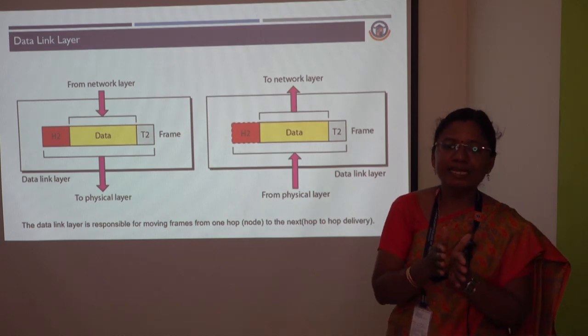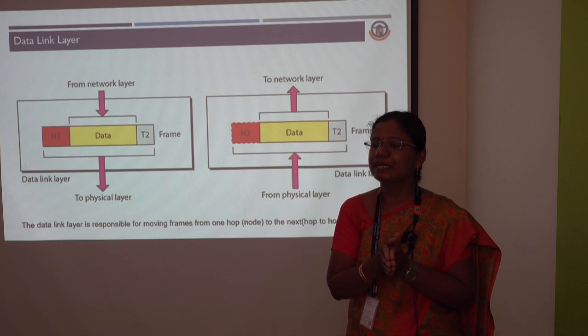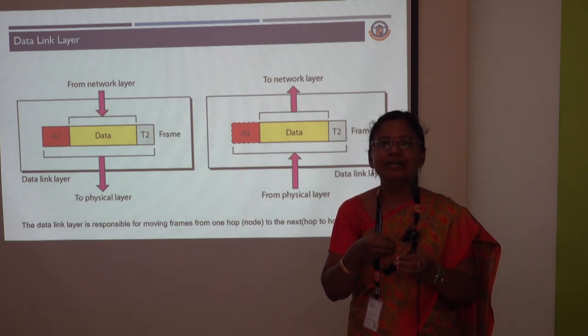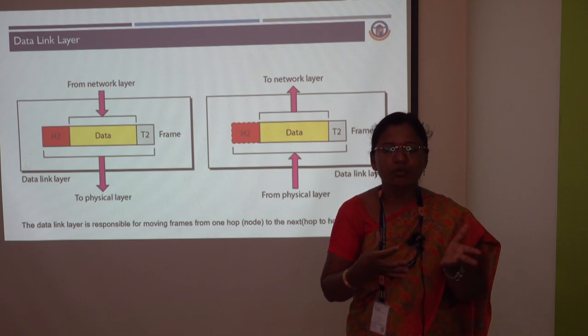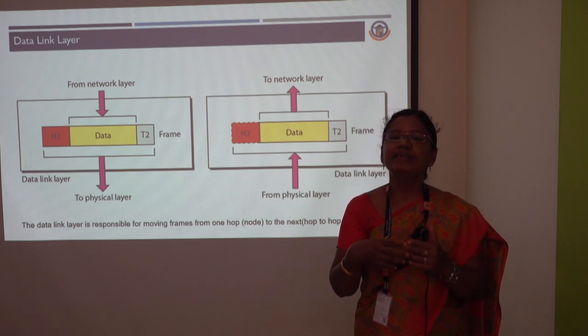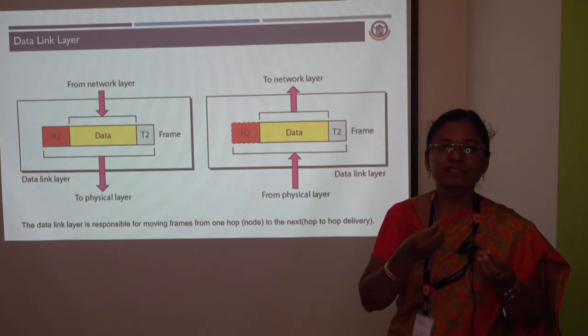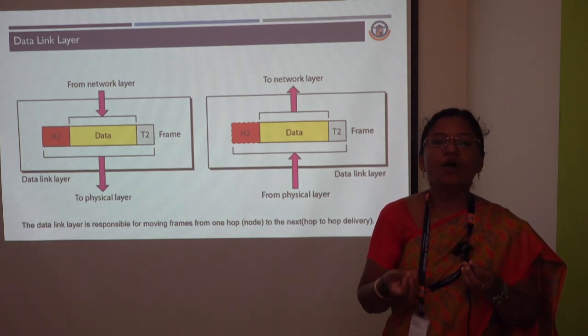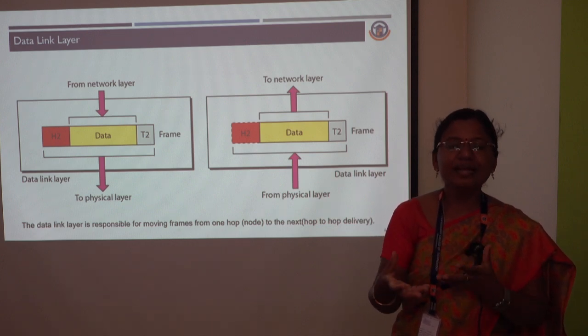The physical layer is responsible for representation of bits. That is, our data is transmitted in the form of bits, maybe zeros and ones. When we are transmitting data in the medium, that is encoded as an optical signal or electrical signal. That is called digital signals.